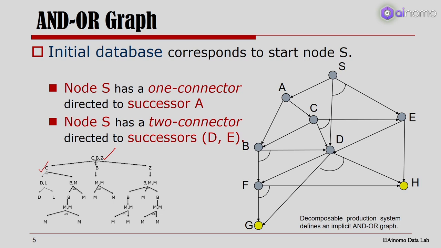One difference that you must have noticed by this time is that in decomposable production systems, the AND and OR nodes are at alternate levels, whereas in the graphs that we have introduced today, both the AND arc and the OR arc are at the same node, but there is not much of a difference. We can move from one to the other.